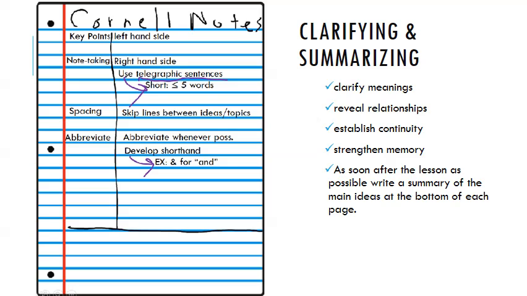So as soon as you're done with the lesson, you want to write your summary of the main ideas. You want to write them at the bottom of each page. So in this case, we have 1 page of notes, but if we had 2, we'd write 2 summaries. So the summary goes right down here, and here's a little bit about what the summary might look like for this page.